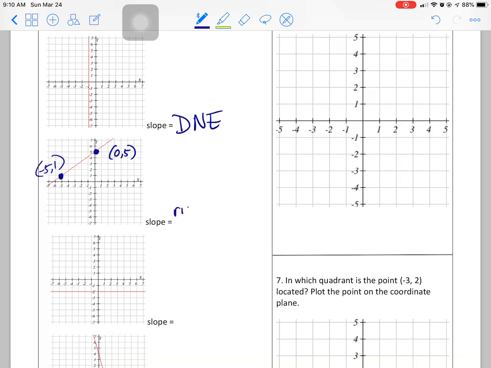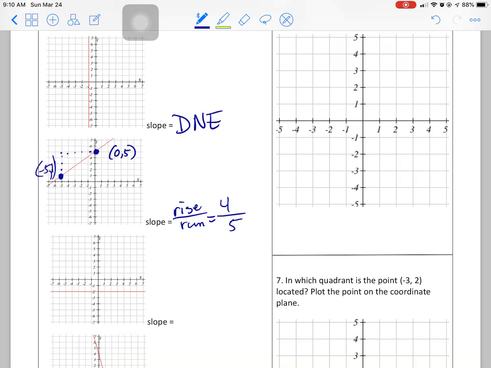Let's do rise over run. Rise up from this other point. Okay, so 1, 2, 3, 4 up, 1, 2, 3, 4, 5 over.